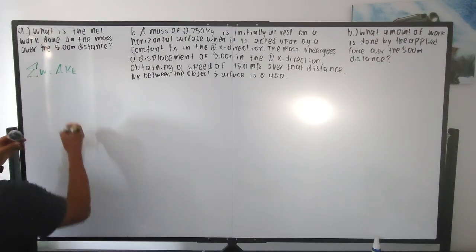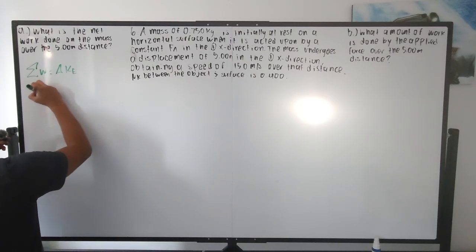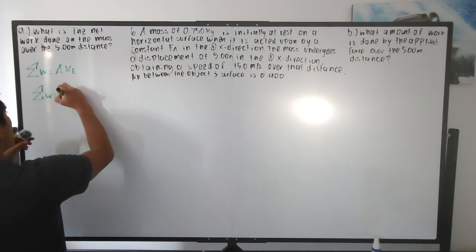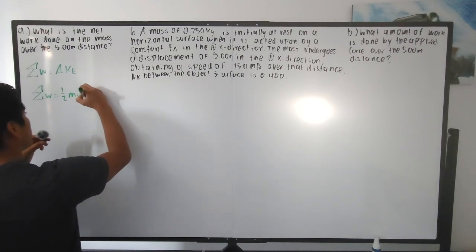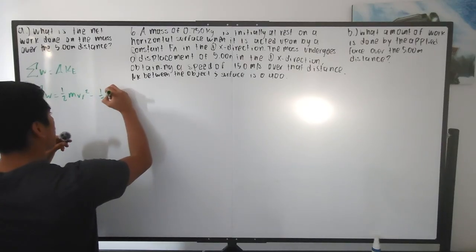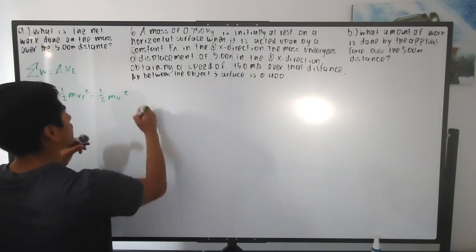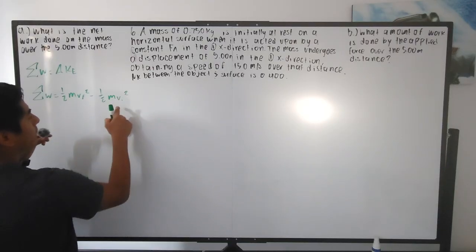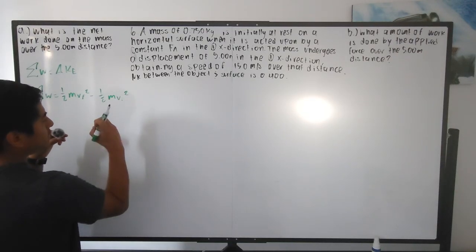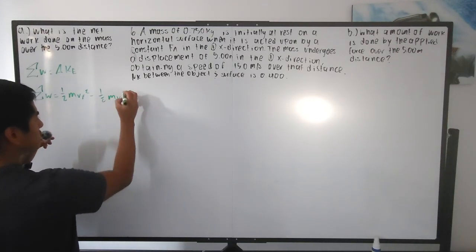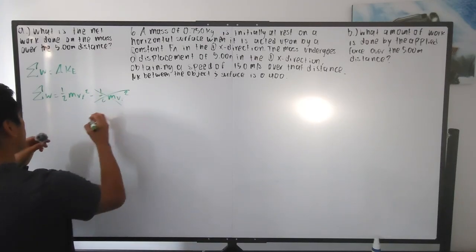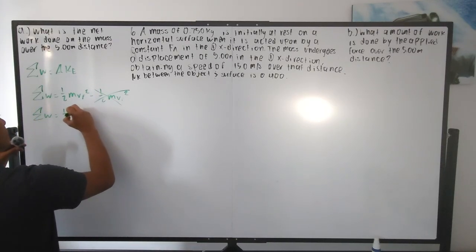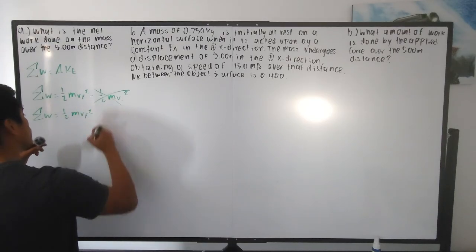It's that simple. So the sum of all the work, expanding the change in kinetic energy, would be 1/2 mv final squared minus 1/2 mv initial squared. And since it says it's initially at rest, the velocity initial will be 0, which will make this entire thing 0. So we could just cross this entire thing out.